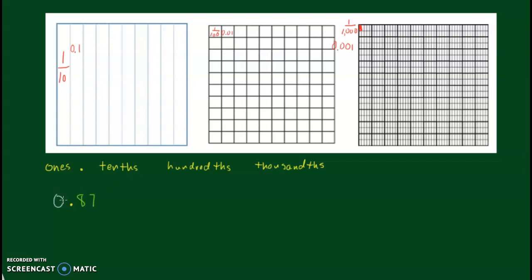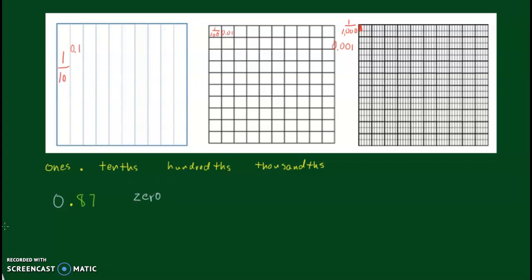I want you to have that in your mind as you're thinking about these. For the next section, let's start with this decimal right here. We have 0.87, and I want to write this in words. When I'm writing or reading a decimal, I first say what comes before the decimal point. Before the decimal point, we have 0.